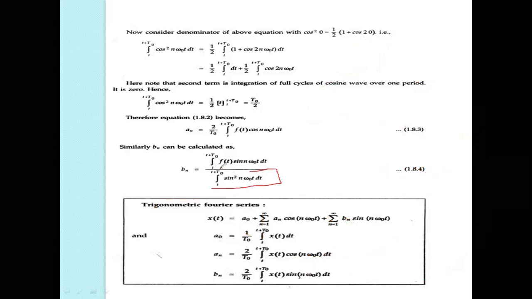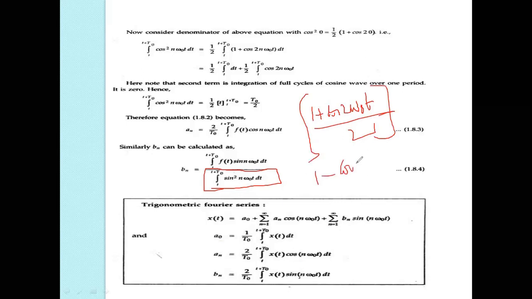The bn is also the same thing. The integral of sine square n omega naught t in the denominator. Cos square n omega naught t means 1 plus cos 2 omega naught t by 2, and the sine square becomes 1 minus cos 2 omega naught t by 2.